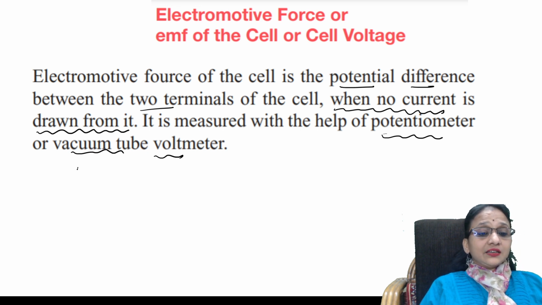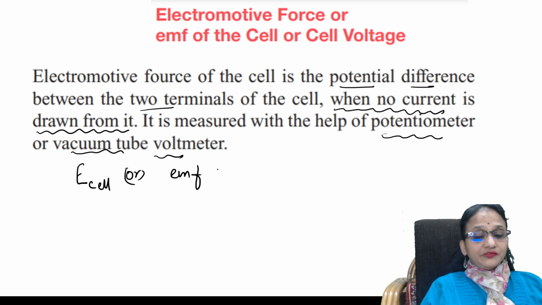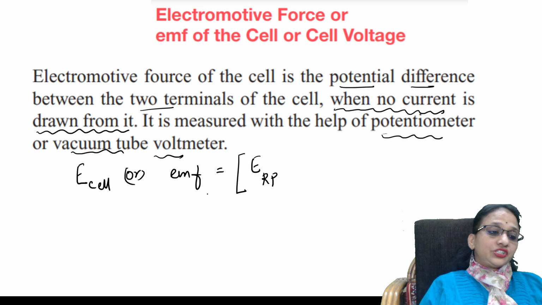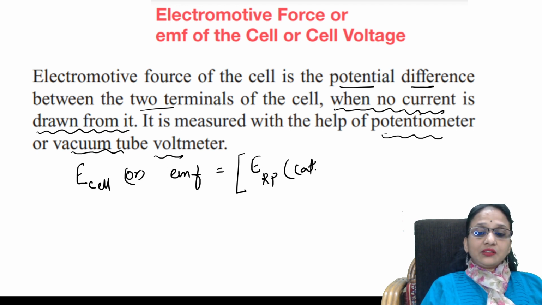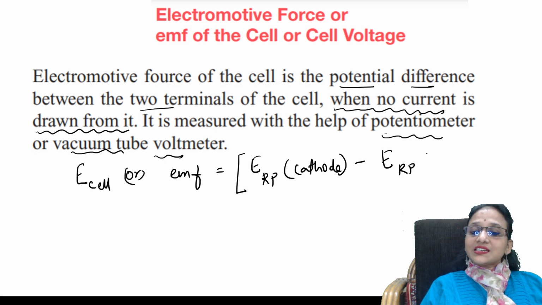How do we calculate it? We write EMF of the cell as E cell, which is given by the reduction potential of the cathode minus the reduction potential of the anode. Always consider in terms of RPs only.